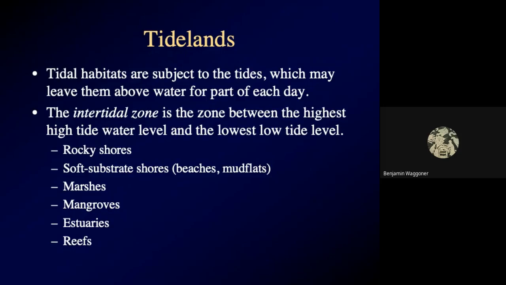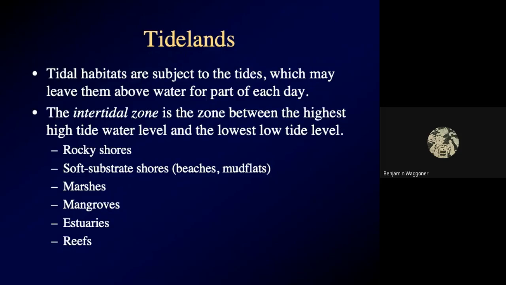And the zone between the two is called the intertidal zone. Anything living in the intertidal zone has to deal with the fact that its home is going to be out of the water for at least part of the time. This could be anywhere from only a few minutes every month to virtually all the time. But that zone is called the intertidal zone.